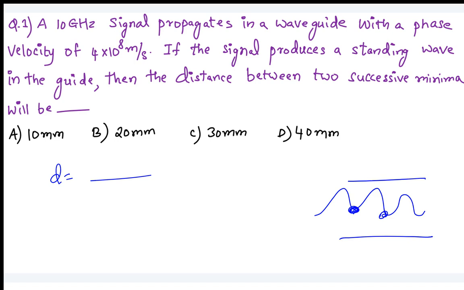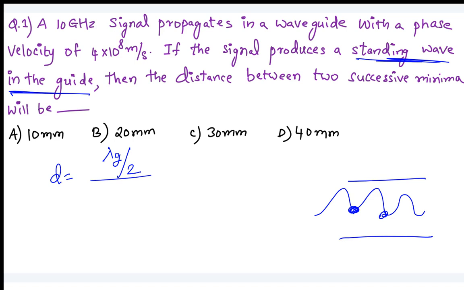The same holds here, but since the wave is propagating inside the waveguide, we should take the guided wavelength. So it should be lambda g by 2. That is the only change, because everybody gets confused when the standing wave is produced inside the waveguide. Once the wave enters the waveguide, you should take the guide wavelength into account, not the free space wavelength.